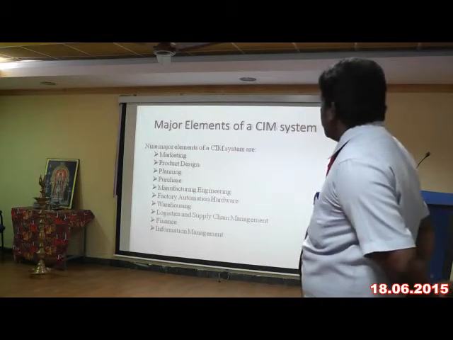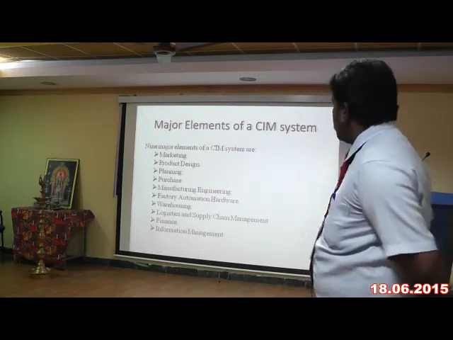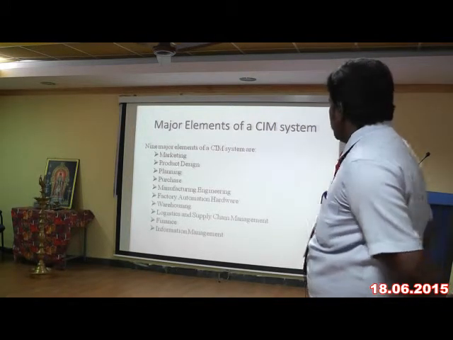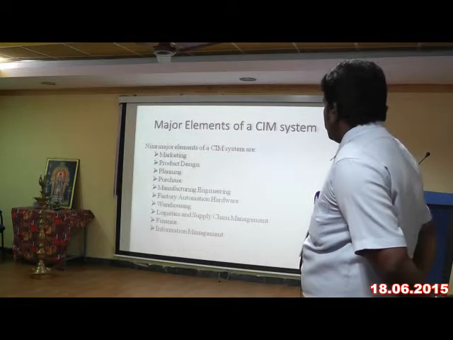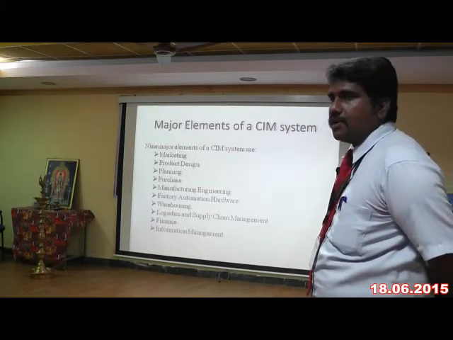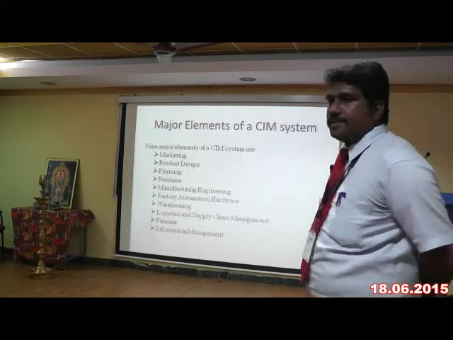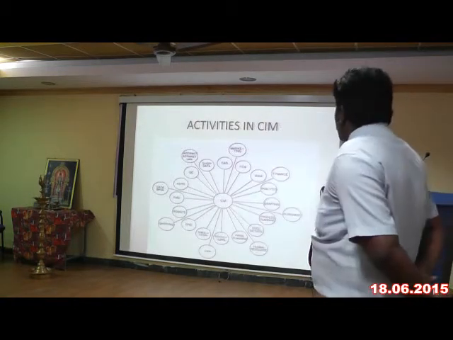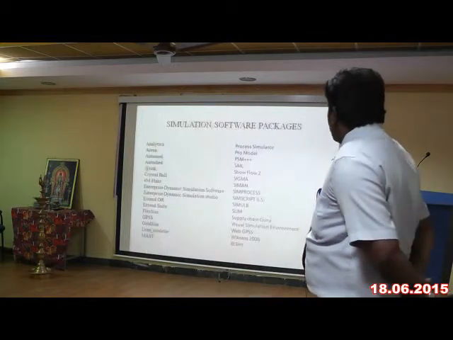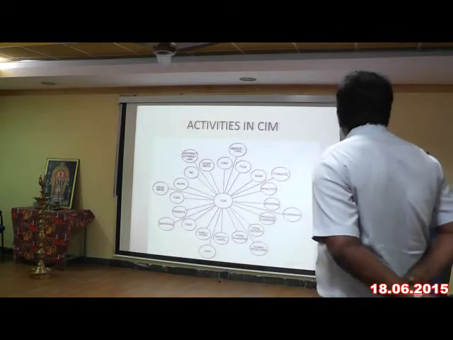So after marketing, product design is very important, then planning, purchase, manufacturing engineering, factory automation hardware, warehousing, logistics and supply chain management, which is also a big vast area, and finance and information management. These are the various activities in SIM.